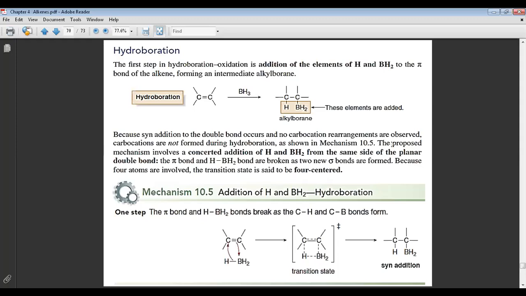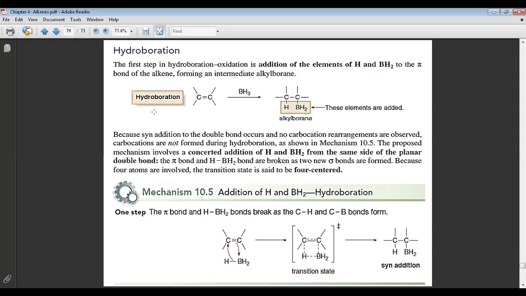Here the proposed mechanism involves the concerted addition of the H and BH2 from the same side of the planar double bond, meaning syn addition. They say syn addition.